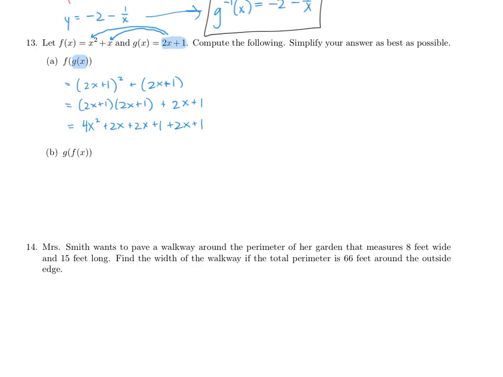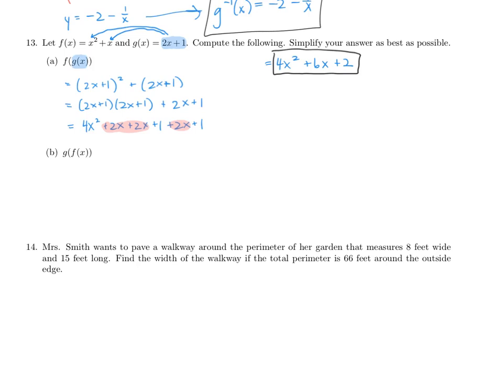So now I have 4x squared. I'm going to combine everything that's like. So I have 2x, 2x, 2x. So that's going to give me 6x. And then I have 1 and 1 is 2. All right, and I've combined all my like terms. That's as much as I can do. So that is the composition, f of g of x.